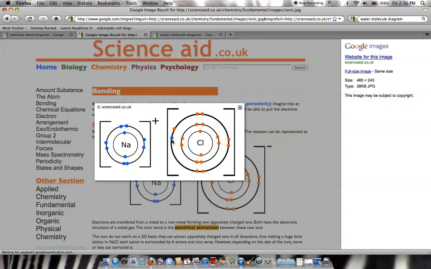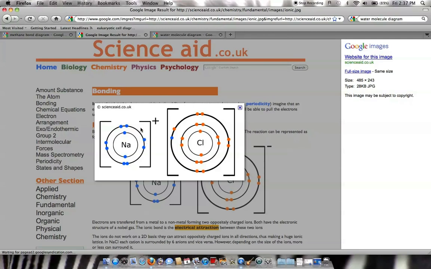And what happens here is we have in chlorine, for instance, 1, 2, 3, 4, 5, 6, 7 electrons. Well, it only needs 1 more electron to be a happy atom and to be filled and balanced.